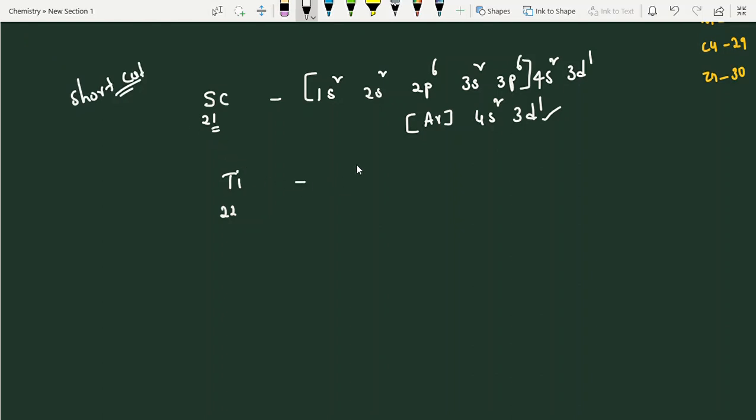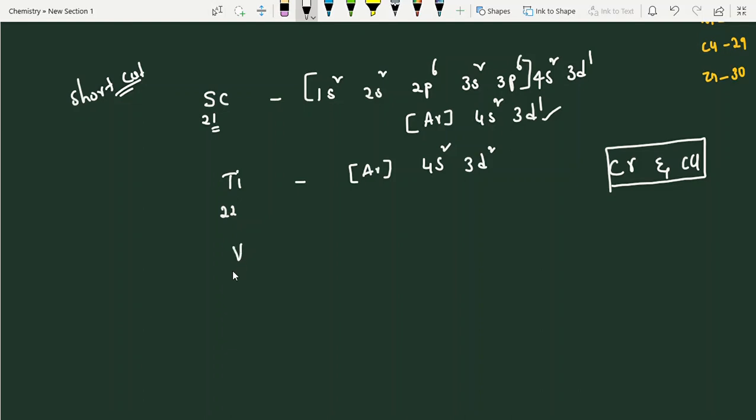Now titanium, how easy? Check it. Argon, 4s2, common. What is the number? 3d2, right? And only two exceptional cases, chromium and copper. Chromium and copper play a very important role in competitive exams, and even normal basic exams also, board exams.